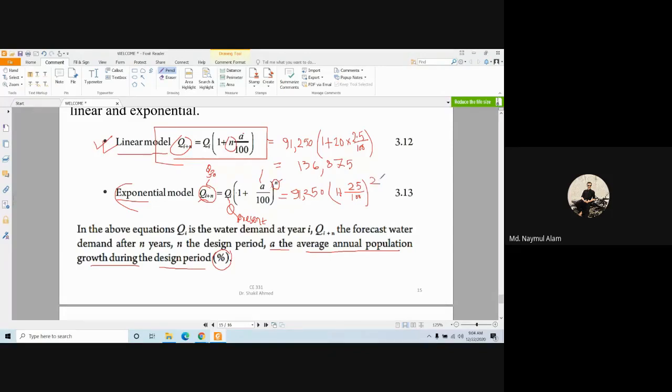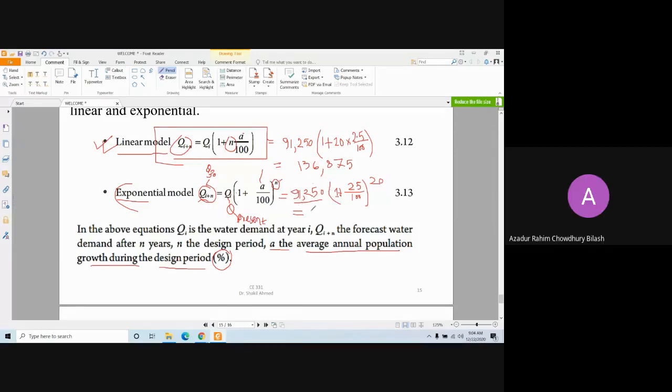Now tell me what's this value? 1 plus 0.025, that means 1.025 to the power 20 multiplied by this.